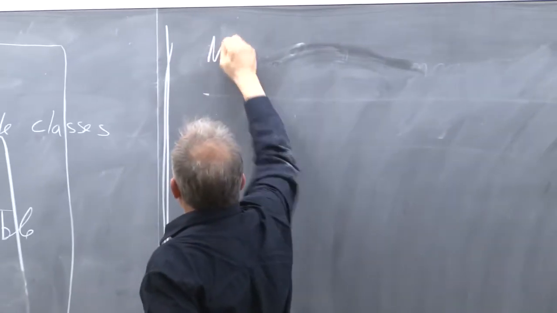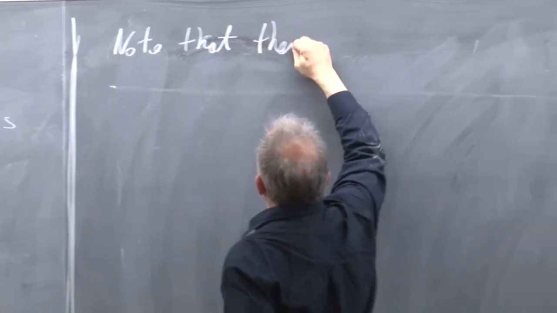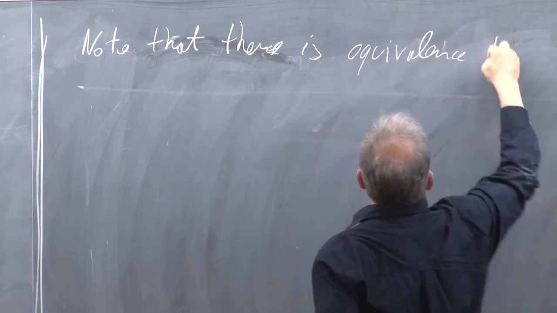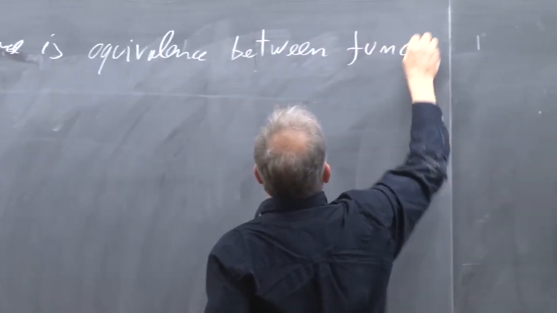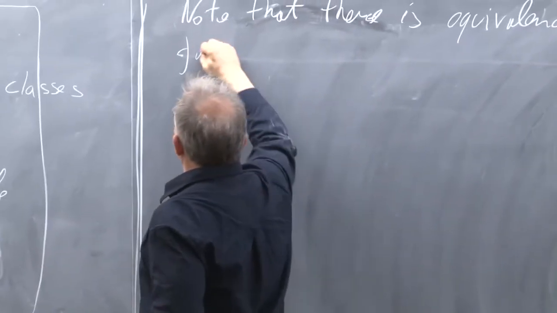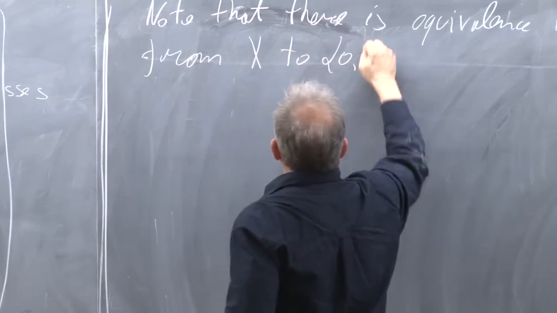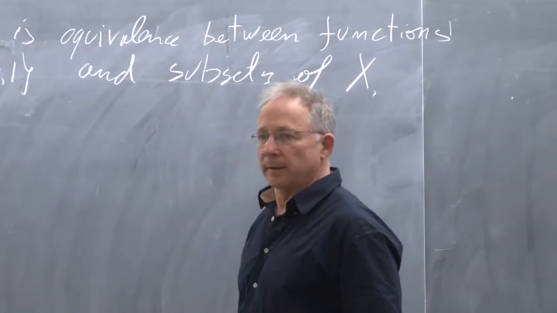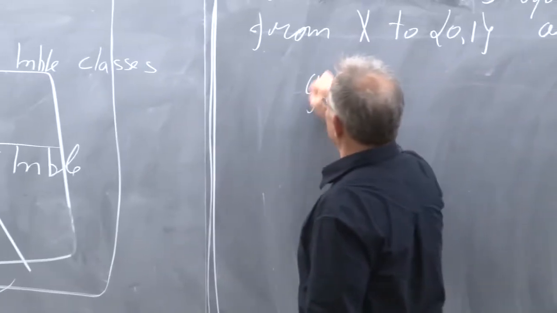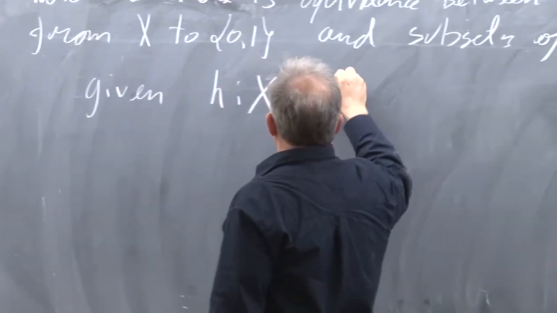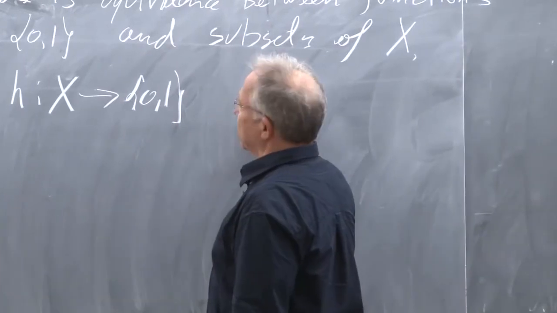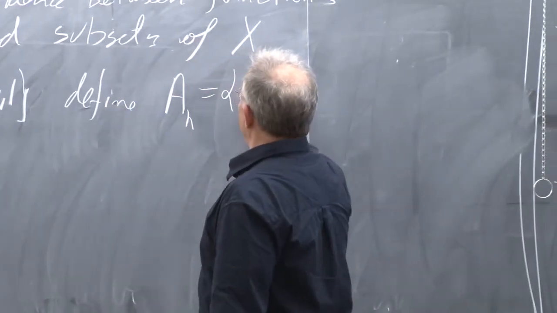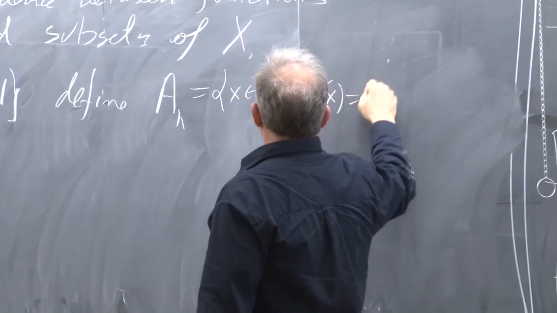So note that there is an equivalence between functions from X to 0, 1 and subsets of X. So given any h that goes from X to 0, 1, I can define a set A_h to be the set of all x in X such that h of x equals 1.